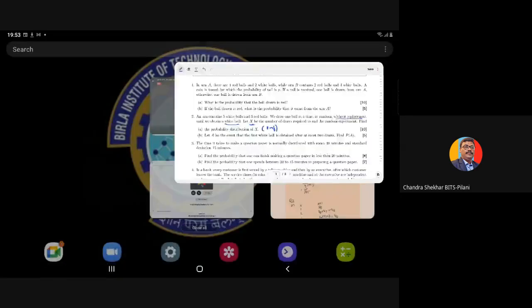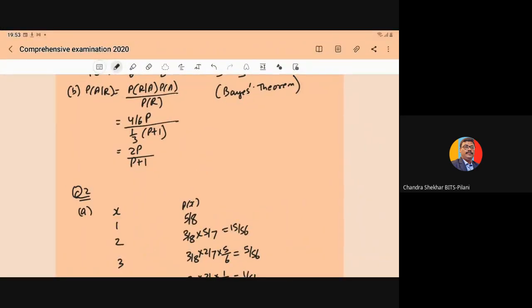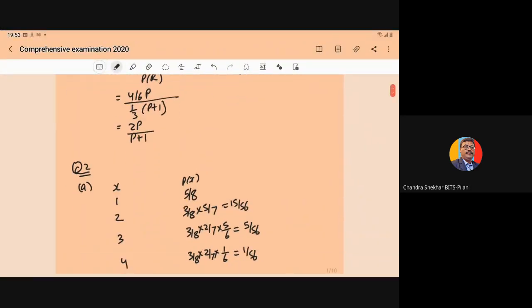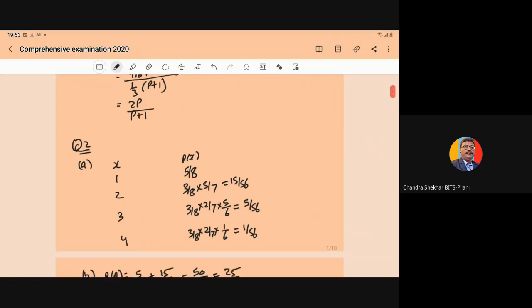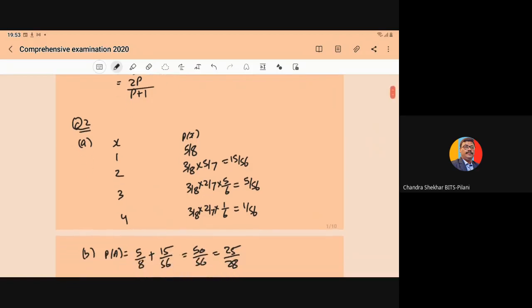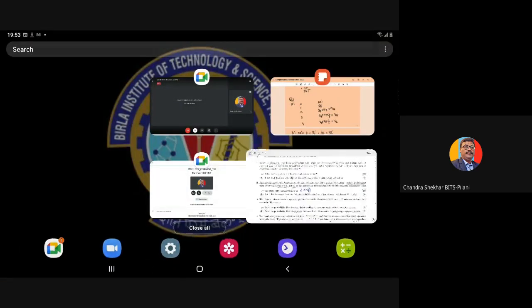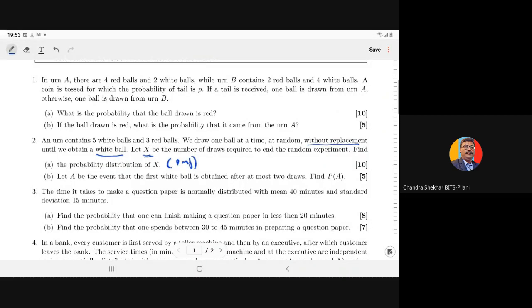So first we have defined the random variable X, the number of draws. It can be 1, it can be 2, it can be 3, it can be 4. So what is the required probability? It is given in the question that there are 5 white balls and 3 red balls, so 8 balls in total.